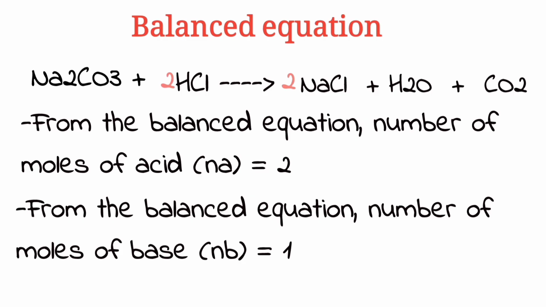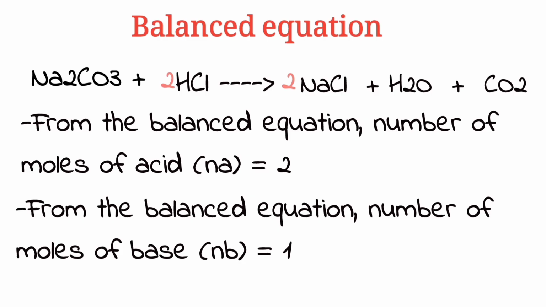If you don't know how to do that, you watch our previous videos and you learn that from there. We see that from the balanced equation, number of moles of acid. In front of hydrochloric acid, what do we see there? The figure we see there is 2. So number of moles of hydrochloric acid reacting is 2. From the balanced equation, let's go to number of moles of base. The base we are working with is sodium carbonate.